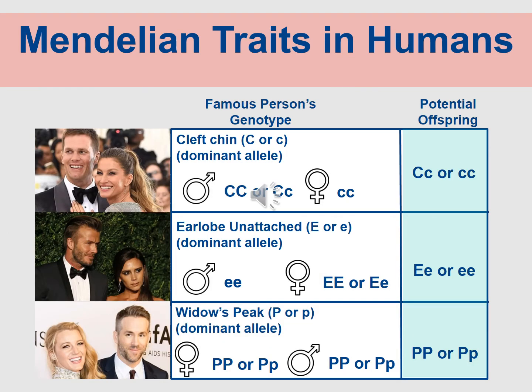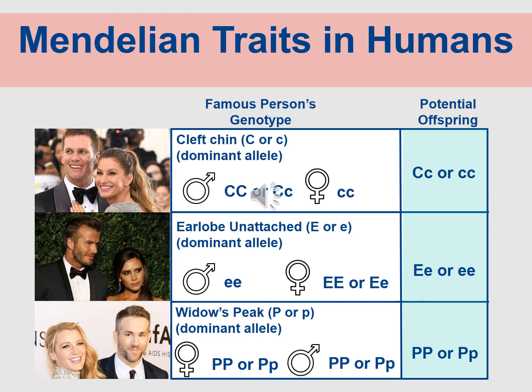Mendelian traits make it easier to look at lineages. It makes it harder with polygenic traits, and I'll explain that to you and why. And even oftentimes we look at the complex polygenic traits in humans as Mendelian, but they are not. Here are some examples of being able to predict the offspring of maybe children.